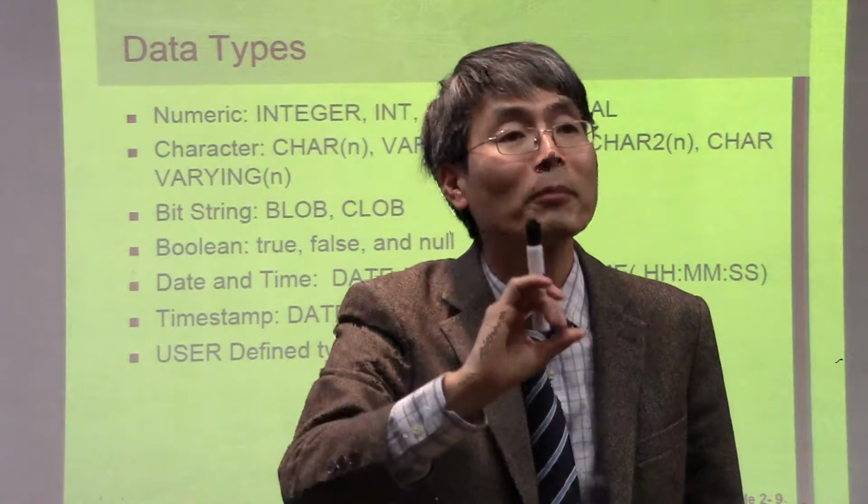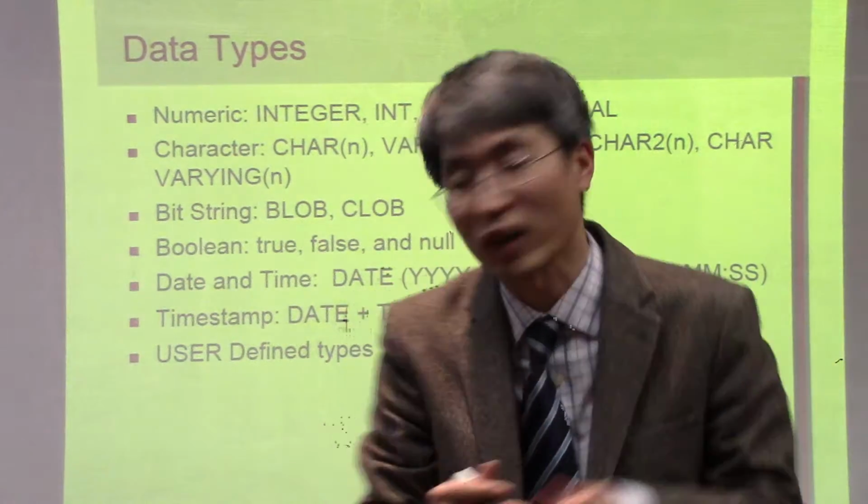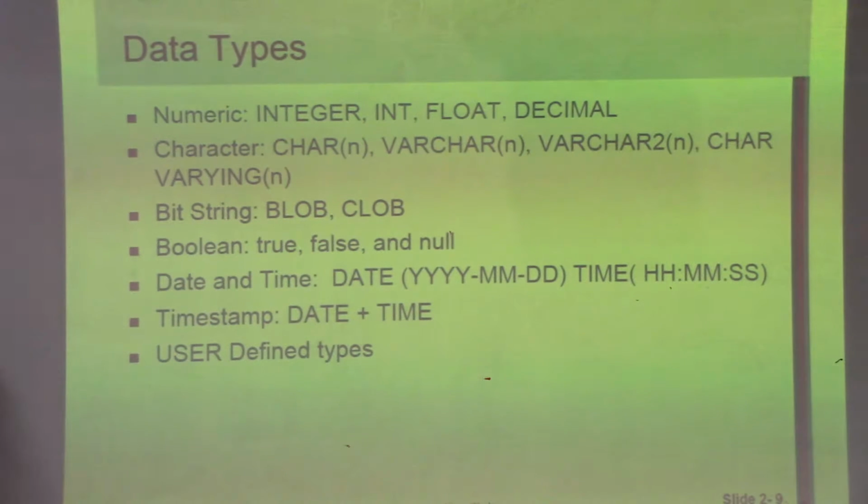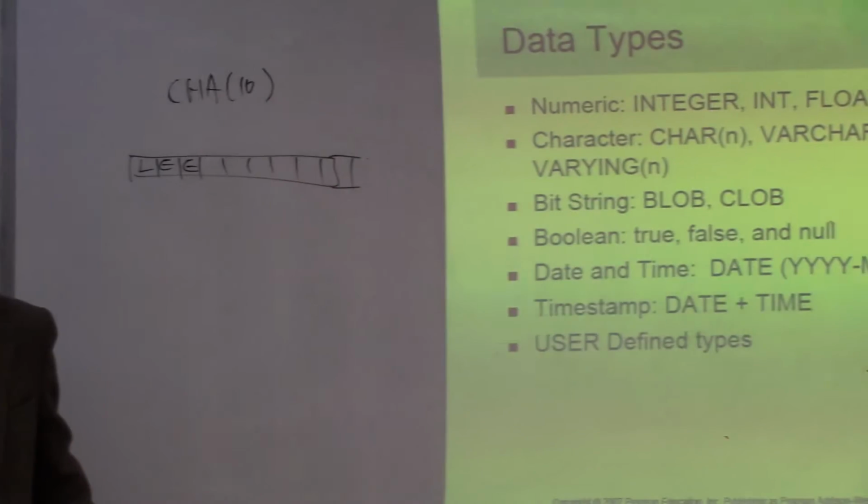The internal level determines the internal data structure. At that time, CHAR(10) means it will reserve 10 bytes: 1, 2, 3, 4, 5, 6, 7, 8, 9, 10, no matter what size of data you insert. For example, LEE is 3 bytes, but 10 bytes will still be used.